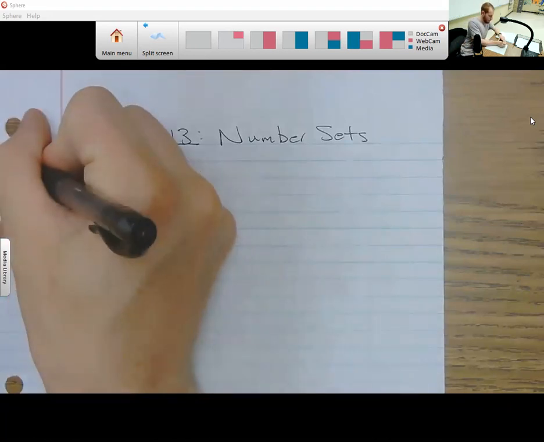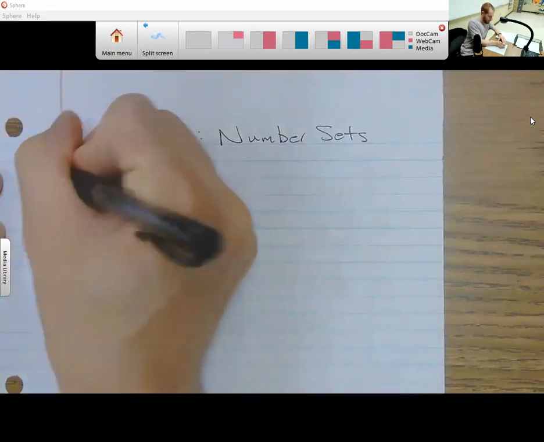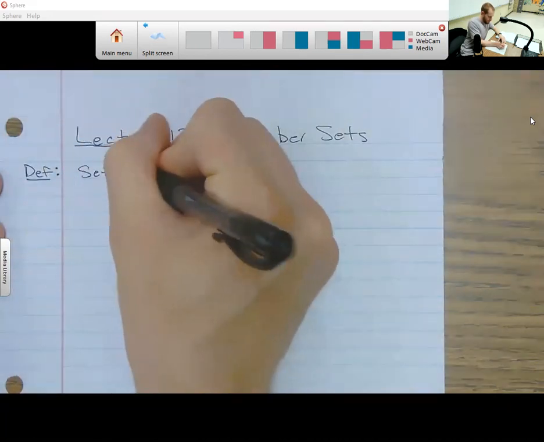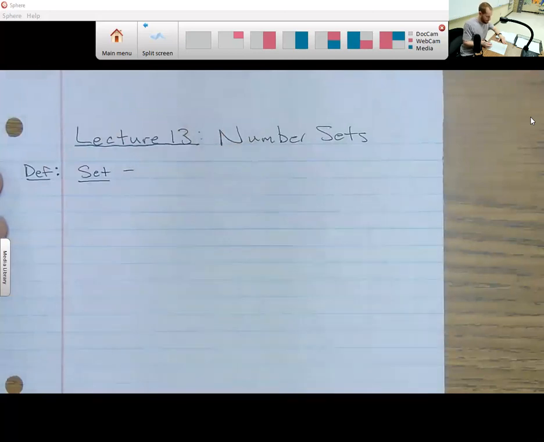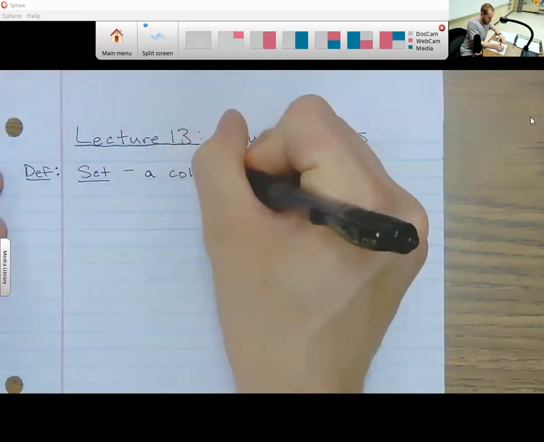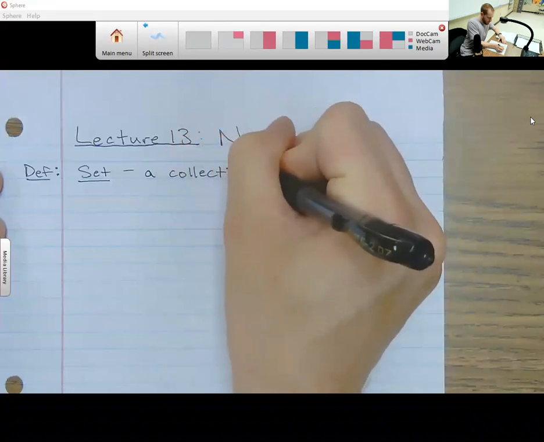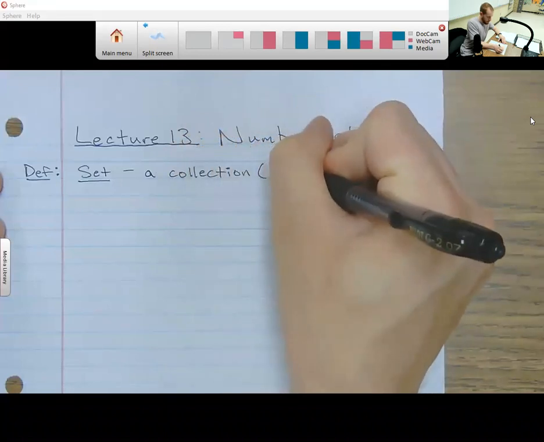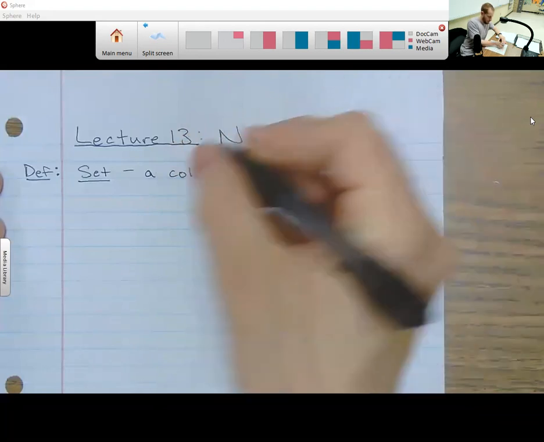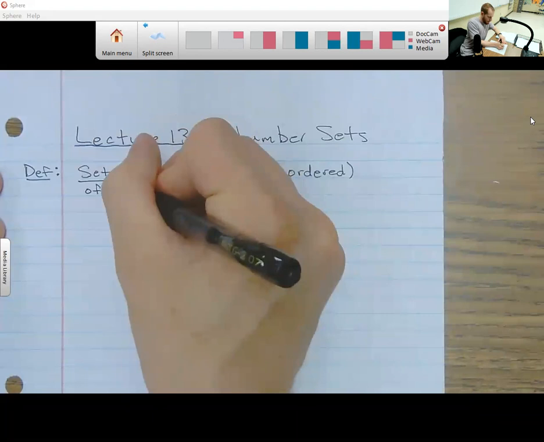Let me define what a set is. A set is a collection, an unordered collection of objects.